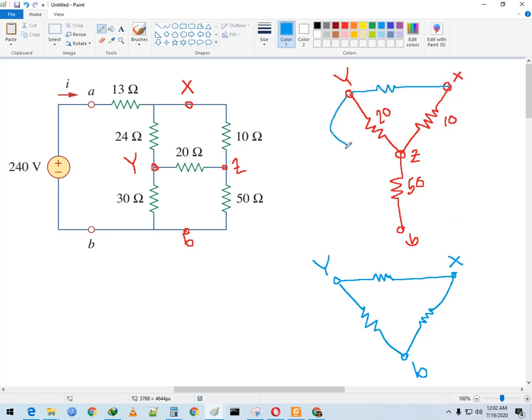So when you convert this one, you remove the internal one.